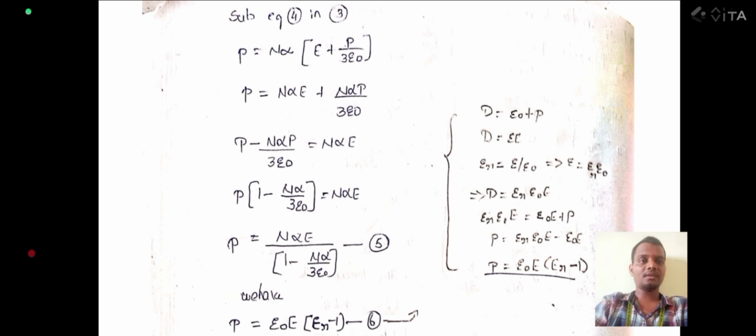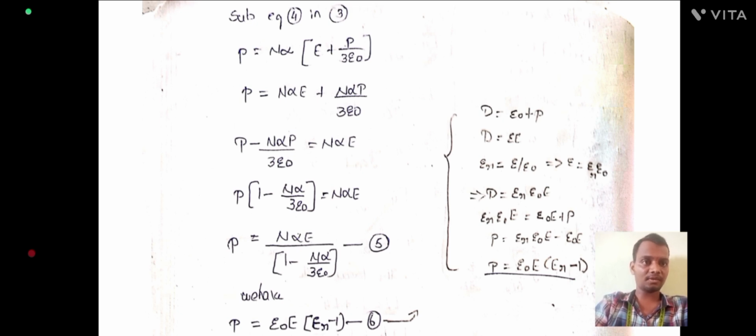P minus N alpha P by 3 epsilon naught is equal to N alpha E. P times 1 minus N alpha by 3 epsilon naught is equal to N alpha E. P is equal to N alpha E by 1 minus N alpha by 3 epsilon naught.